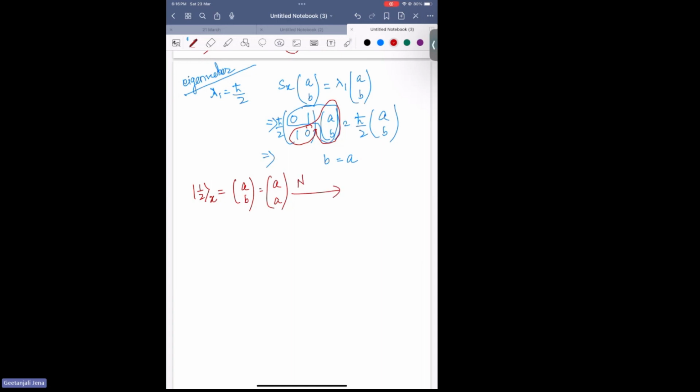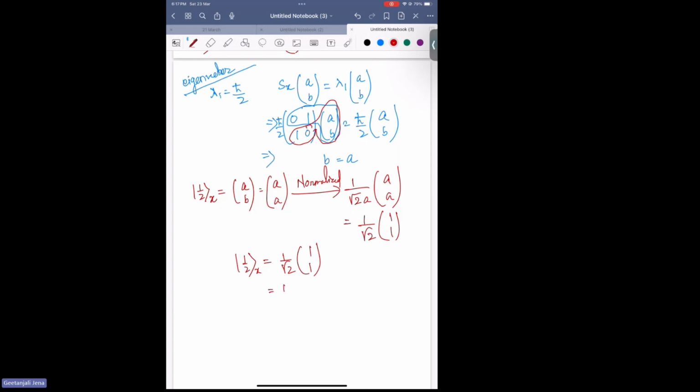If you want to normalize it, then it is 1 by the norm of this matrix. The norm is the square root of 2 times a. So the eigenvector is 1 by root 2 times (1, 1). This is one of the eigenvectors related to the eigenvalue plus ħ/2.